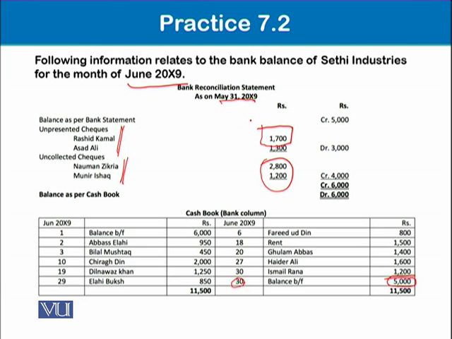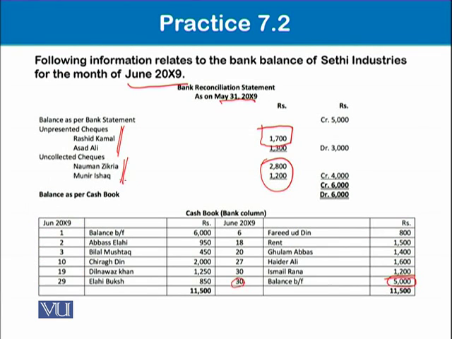And now see, the uncollected checks from Noman Zakriya were 2800 and Munir Ishaq 1200 in the previous month of May. Uncollected means these two checks should now appear on the credit side of the current bank statement.